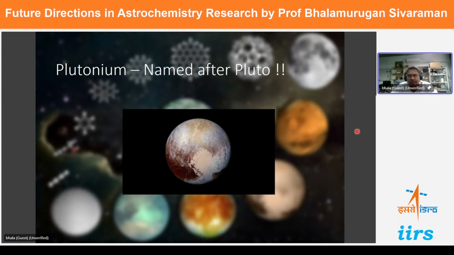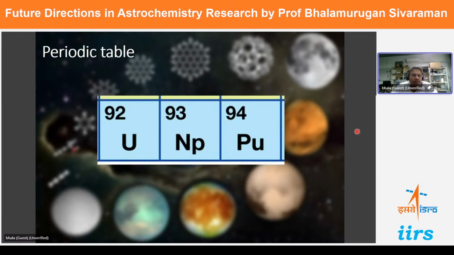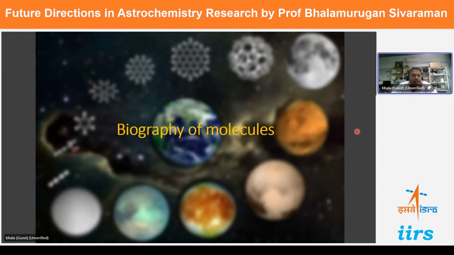By then we knew that Pluto exists, so they named it after Pluto. So Uranium, Neptunium, and Plutonium are aligned in the same way as those planets are aligned in our solar system. Go back to your periodic table and you will find these aligned so well. It's just honoring the discovery of planets.